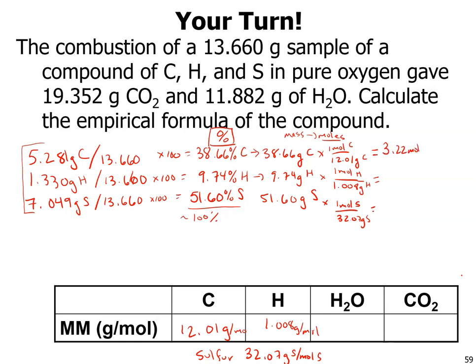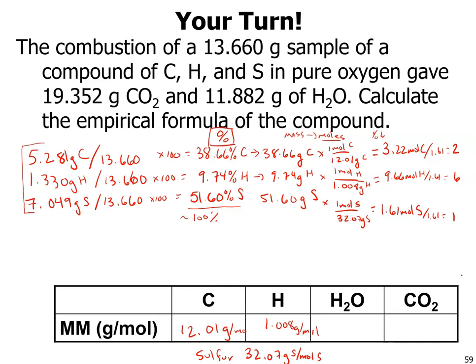That will be 3.22 moles of carbon, 9.66 moles of hydrogen, and 1.61 moles of sulfur. Percent to mass, mass to moles, divide by small, and I will divide by the 1.61. In this case, I'll get a 2, a 6, and a 1.